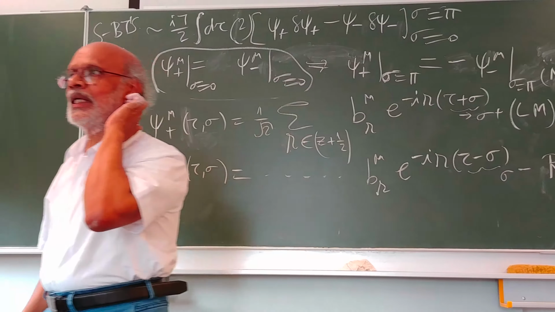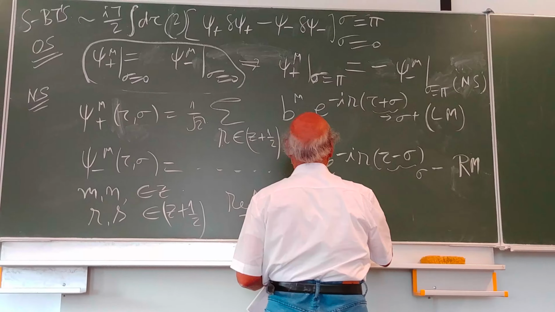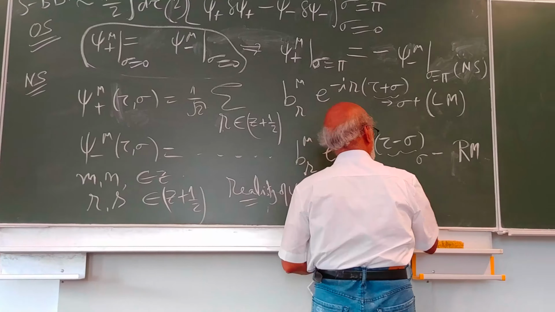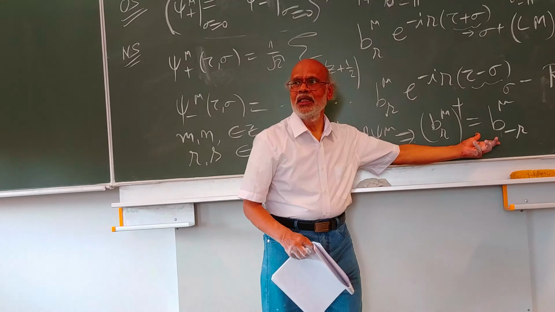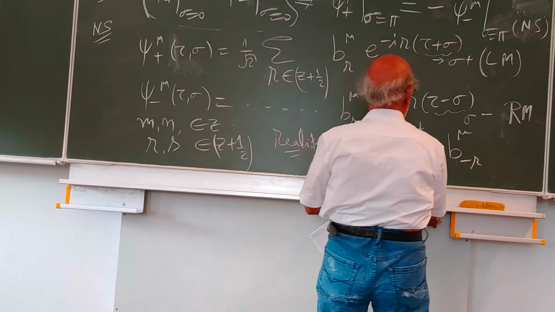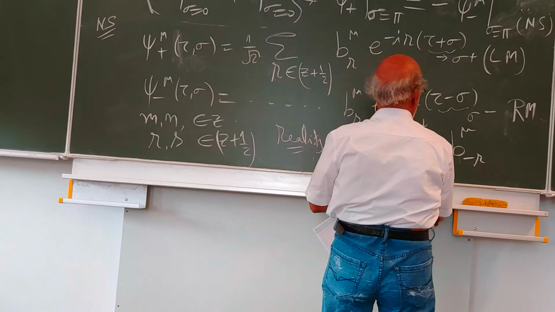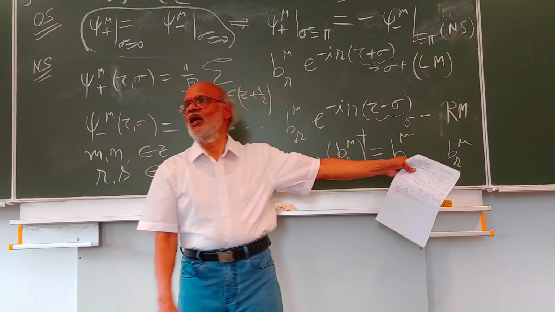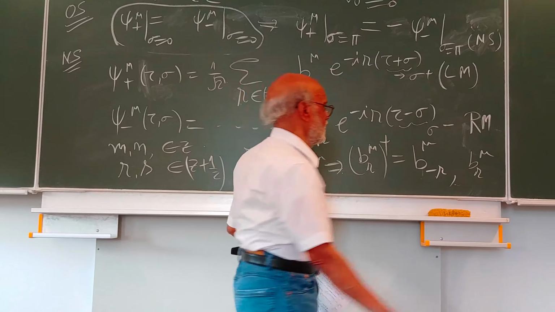Reality of psi mu would mean b r mu dagger would be b mu of minus r. These would be the creation operators, and obviously b r mu would be annihilation operators, b minus r of mu would be the creation operator.